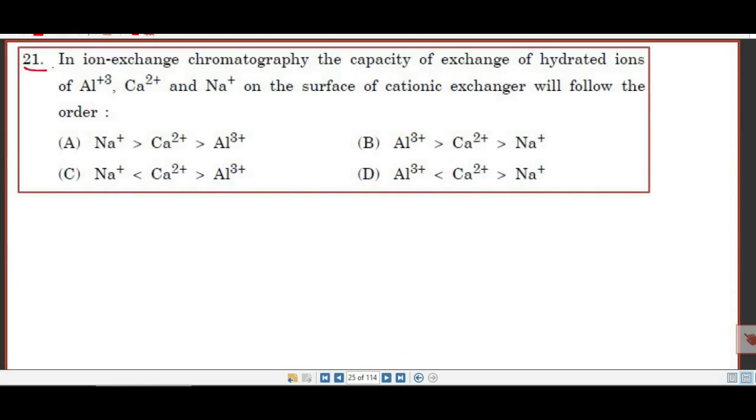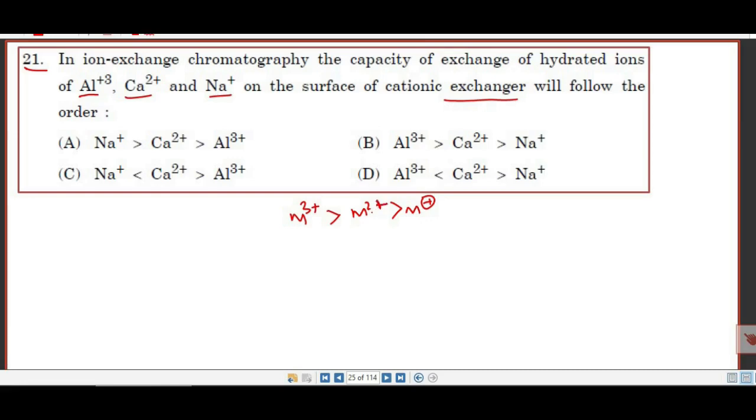Question number 21. In ion exchange chromatography, the capacity of exchange of hydrated ions Al3+, Ca2+, and Na+, 3 cations are given, in the cationic exchanger will follow the order. Listen, in a cationic exchanger, M3+ is a greater exchanger ion than M2+ than M+.